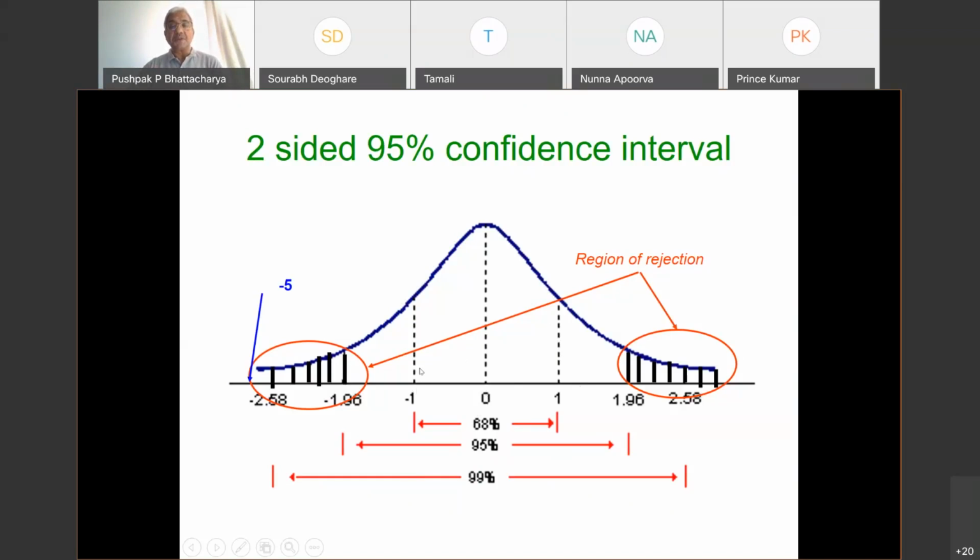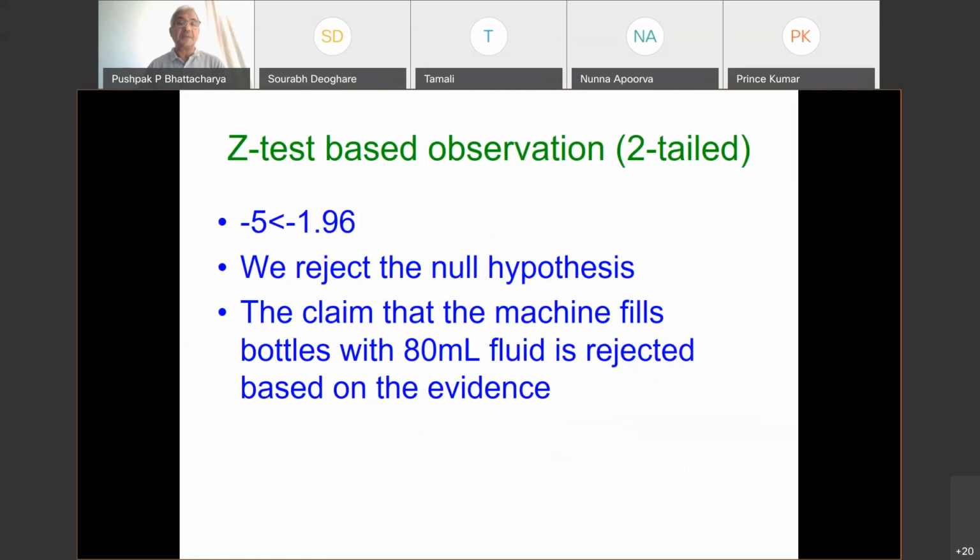So we are resorting to that particular methodology, starting with null hypothesis and confidence interval and the nature of test. So this is what we have done. If we accept 95% confidence interval or 0.05 as the level of significance, we have to reject the hypothesis.